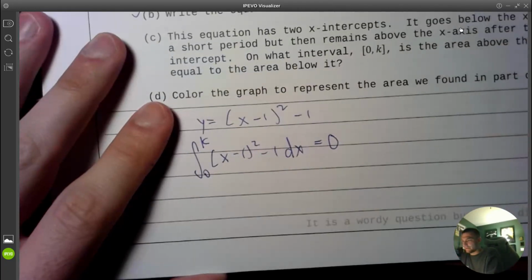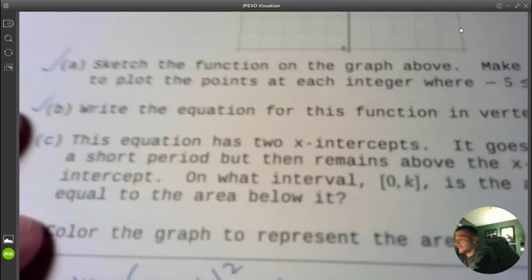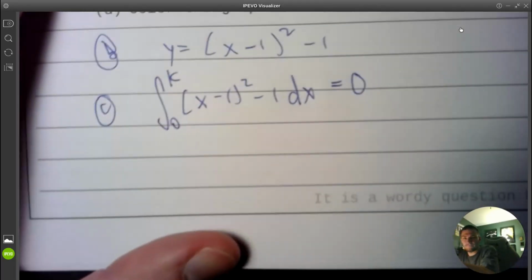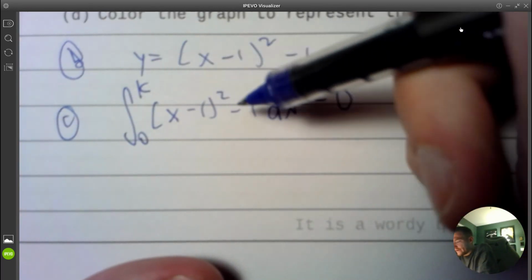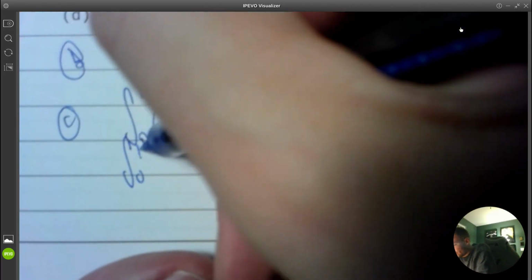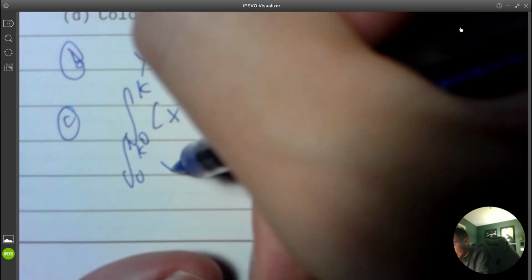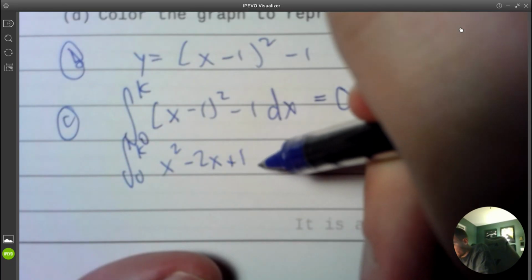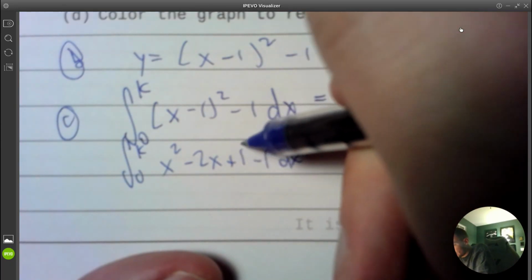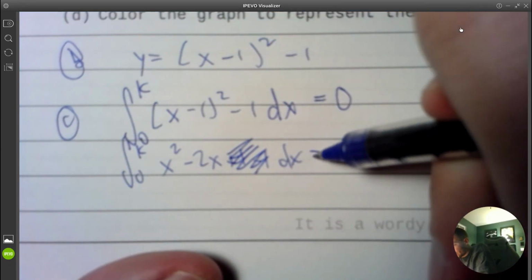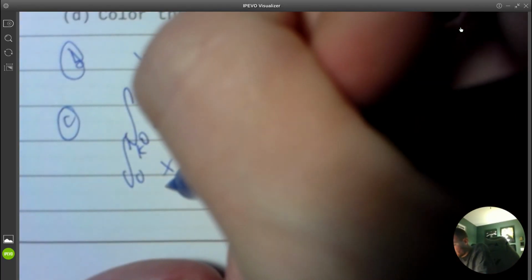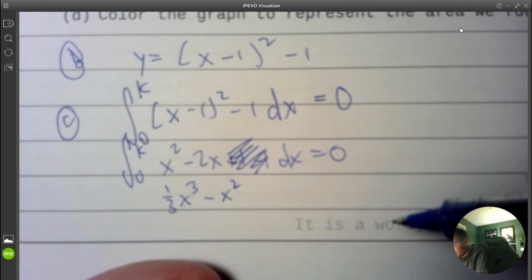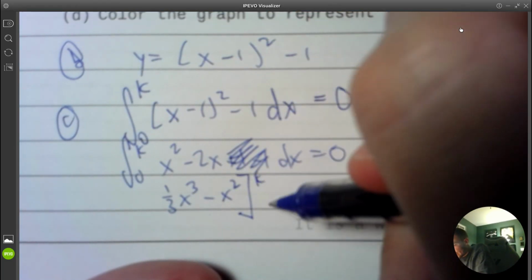This is really sloppy. Okay, I would probably algebra this here. The integral from 0 to k, FOIL that, x squared minus 2x plus 1 minus 1 dx, equals 0. Integrals, that's easy: 1/3 x cubed minus x squared from 0 to k.